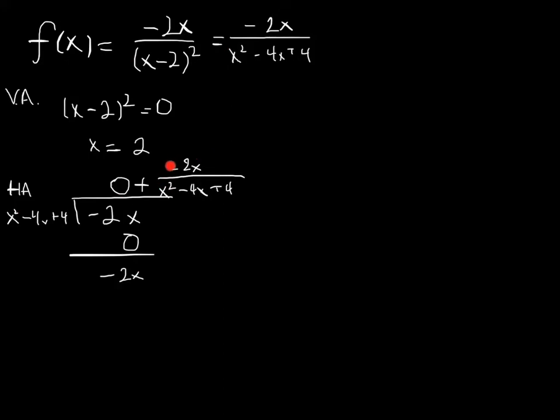And so even as this piece up here is getting big, this piece down here is getting so much bigger that as I approach infinity, since I'm squaring the bottom and not squaring the top, this whole thing is going to go to 0. And you could try some values. You could plug in x equal 100, then try it with 1,000, then try it maybe with 1,000,000, and see how close it is getting to 0. It'll just keep going and going and going until we're infinitesimally close to 0. And so my horizontal asymptote is just going to be y equals 0.